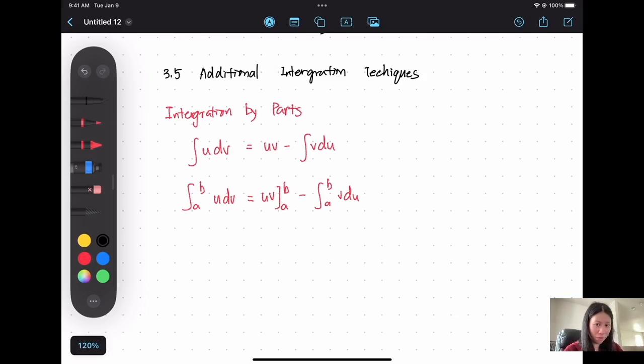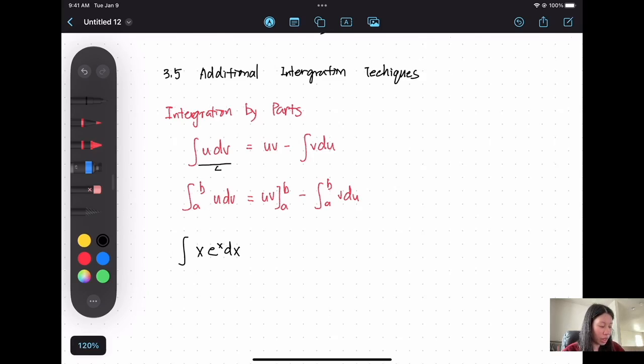Okay, now here is the first example. I have x e to the x dx. In order to use the by parts formula, I need to break the product into two parts, because as you can see in the formula, I have a u and dv.